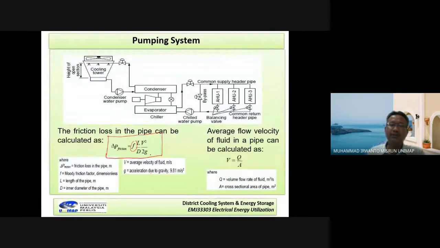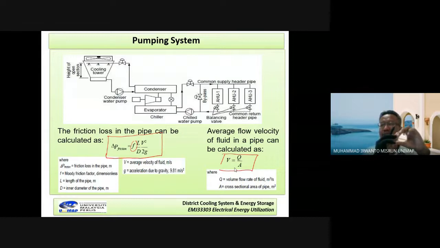Apparent velocity, because the water flows through this pipe, and the pipe has a cross-section area. The velocity of the fluid is given by this formula: v equals Q over A. Q is the volume flow rate, how much volume per second.